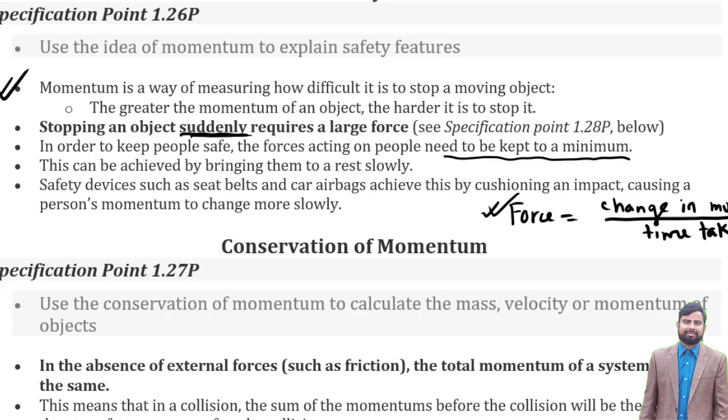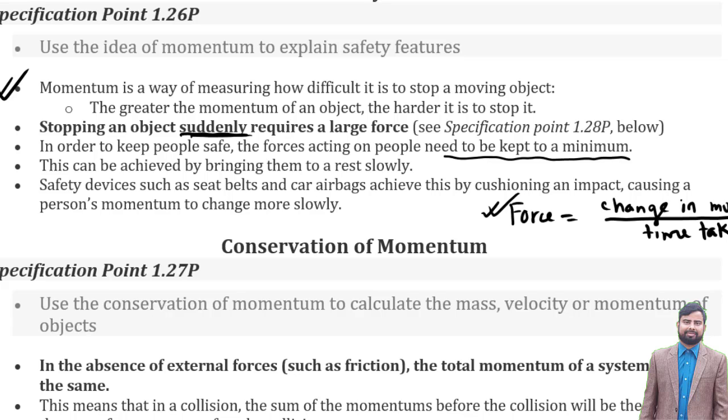In order to keep people safe, the force acting on people needs to be kept to a minimum value. This can be achieved by bringing them to a rest slowly. That means if the time taken is more, then force will be less.